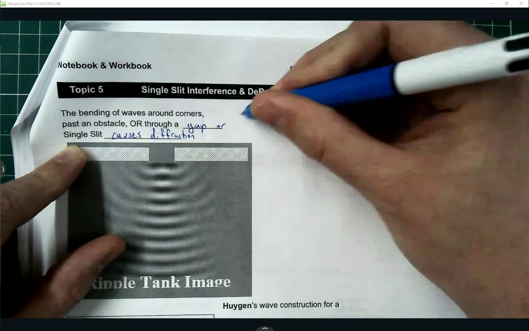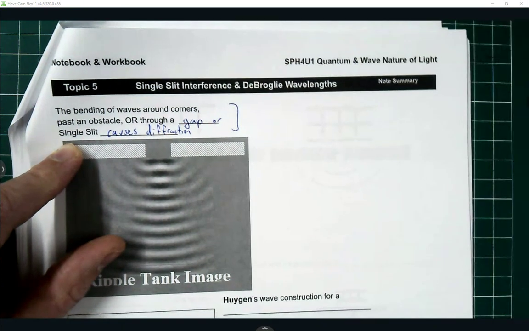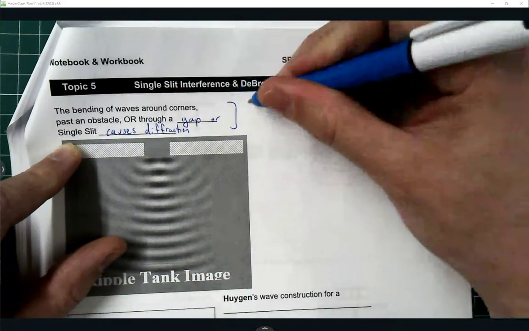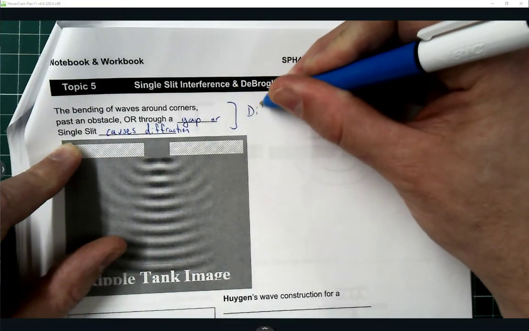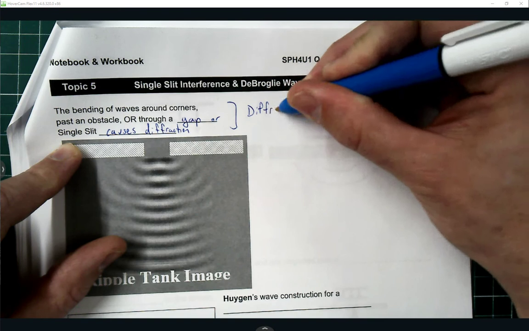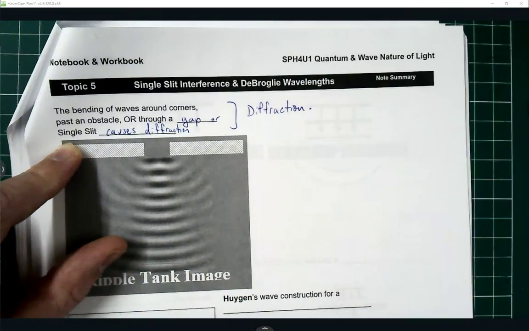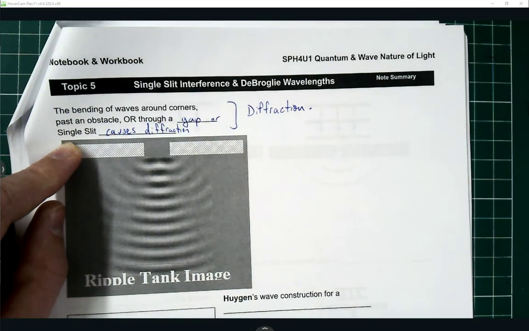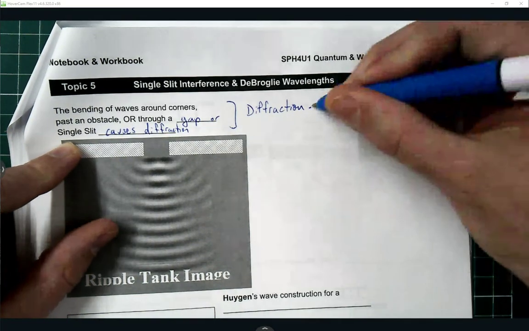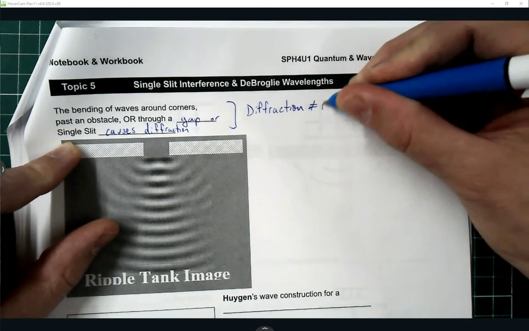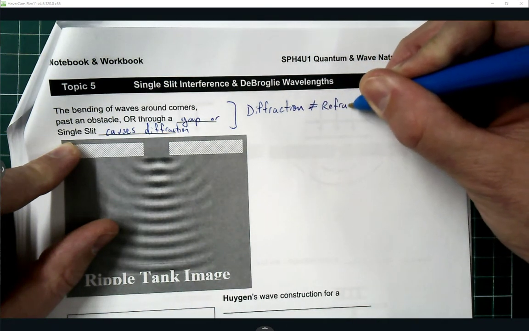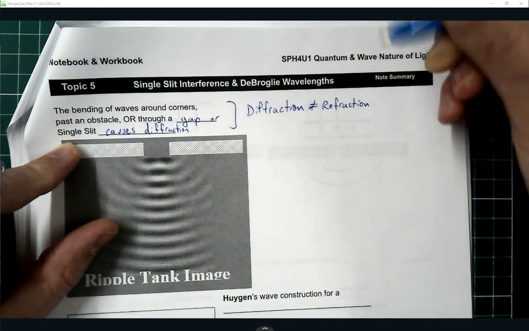And just to make sure that there's no doubt about how we're spelling this, this is diffraction. Okay? Not refraction. Totally different.